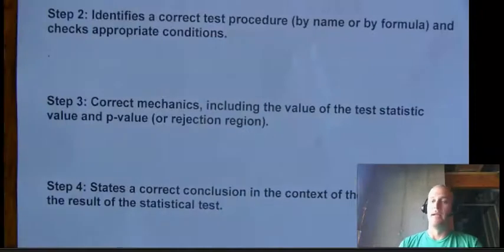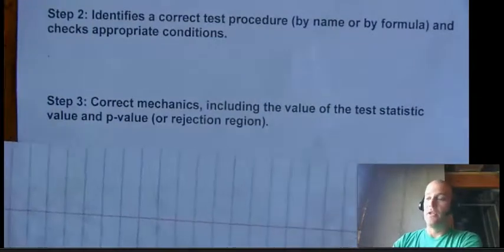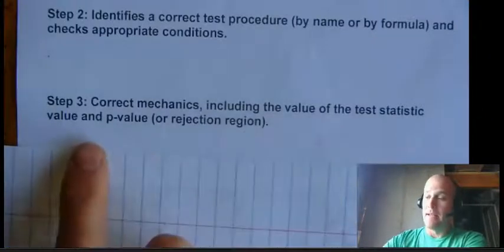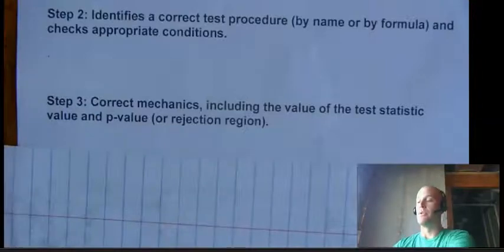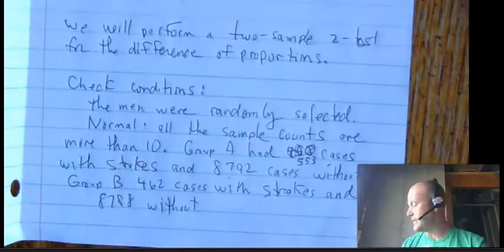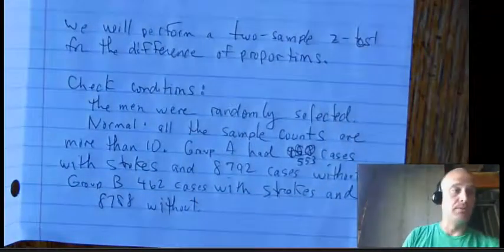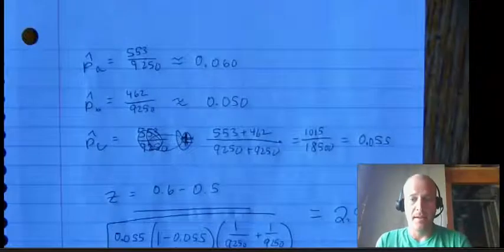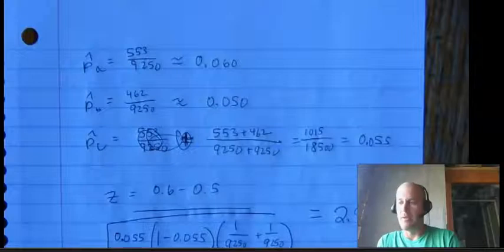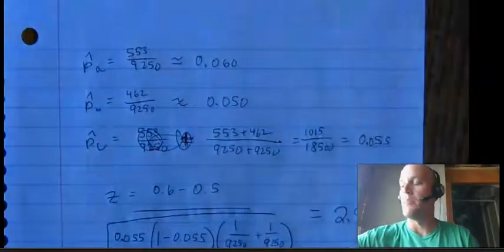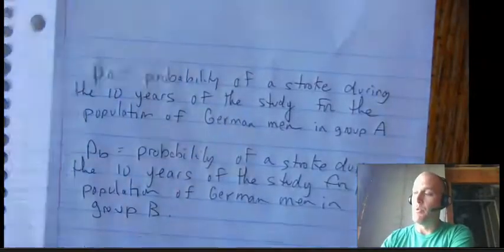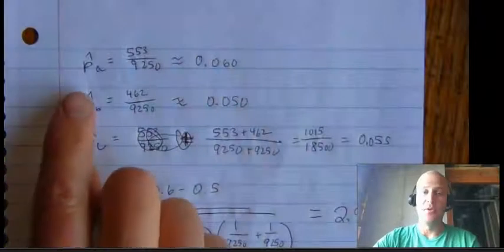Alright, step 3. Correct mechanics, including the value of the test statistic and the p-value, or the rejection region. So what that looks like for us is that once we satisfy the conditions, we are going to list the sample proportions. And this is where you have to be careful with your notation, right? Earlier we had designated that P sub A is going to be our parameter, but when we look at the actual statistic, we use P hat.